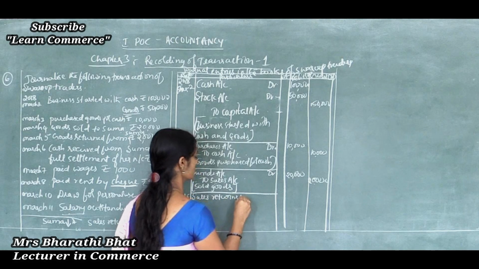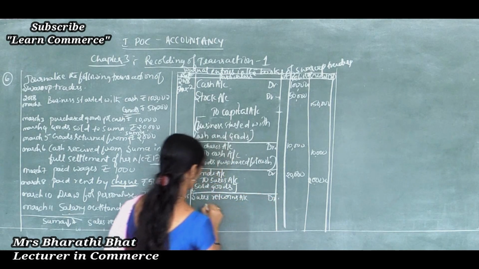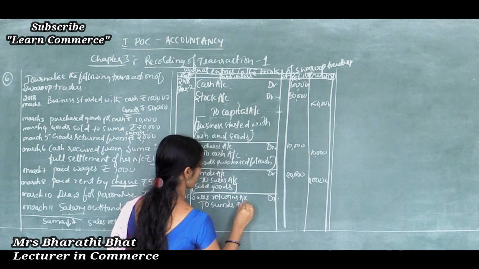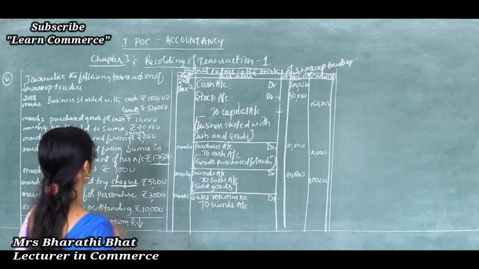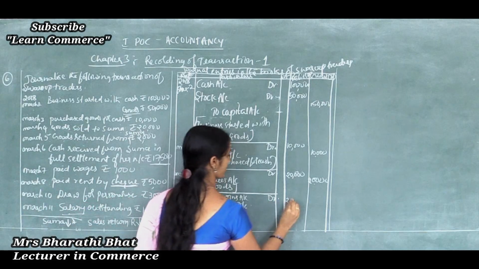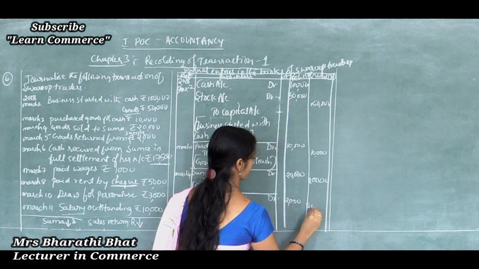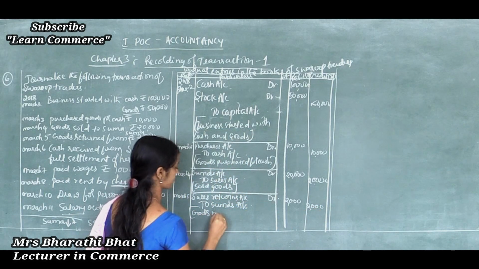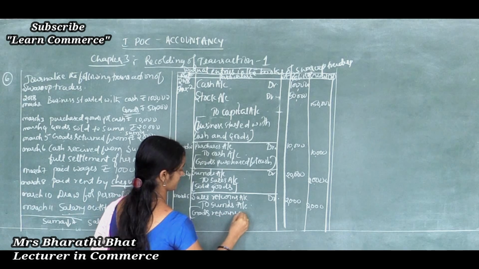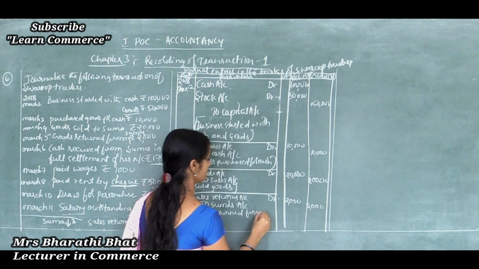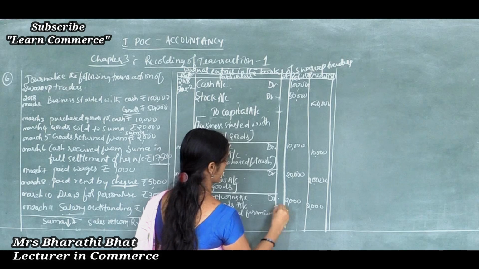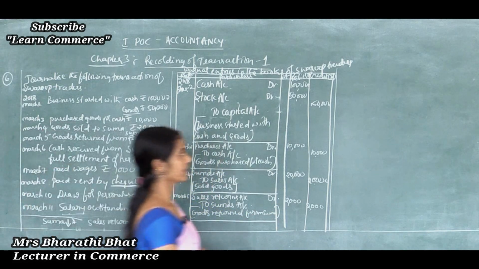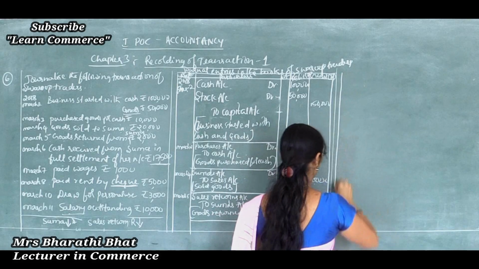Sales return account debited to Suma's account. How much? 2000. Goods returned from Suma. Close the account. Okay, move on, it is a continuation.